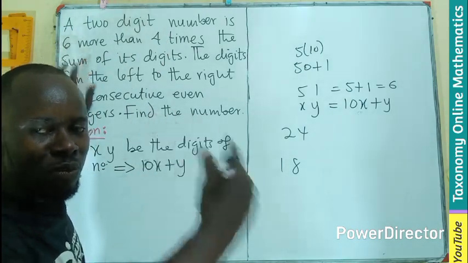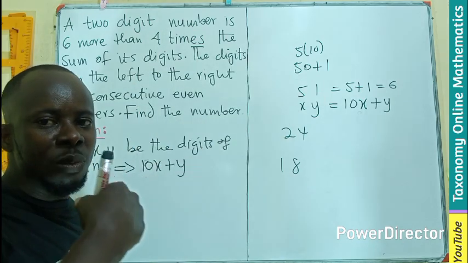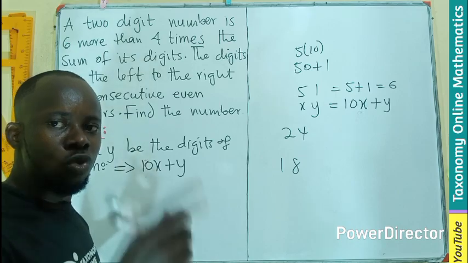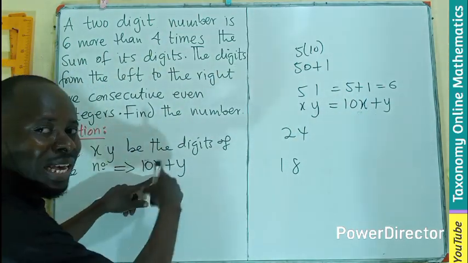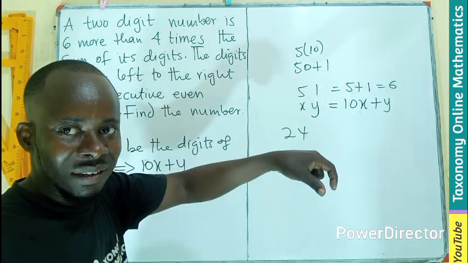If I am 6 years more than you are, if you are 5 years, I should be 5 plus 6. So my age is equal to your age plus what? 6. So the number is equal to 4 times the sum of the digits plus 6.